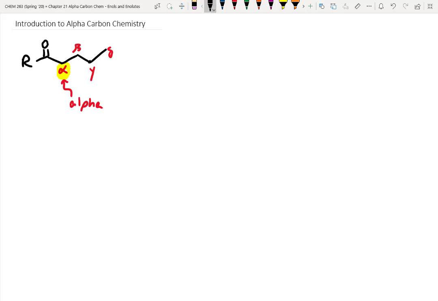The reason is because it's unusually acidic and reactive. If we think about the pKa of most hydrocarbons, meaning most C-H bonds, it's typically in about the 40 to 50-ish range, meaning protons coming off of carbons are typically not considered acidic at all.